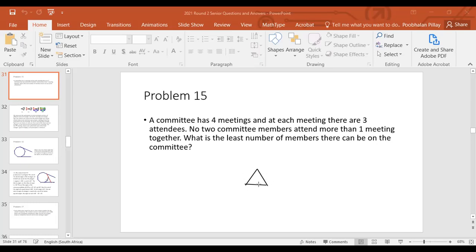So let's try to choose members from this committee here for the second meeting. You cannot choose two. So you can only choose one. So let this person be in the second committee meeting. And I'm going to draw the second committee meeting in red. All right, so now you will need 1, 2, 3, 4, 5. You need at least 5 people to attend 2 meetings. But you will need to attend 4 meetings altogether.